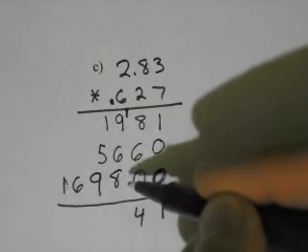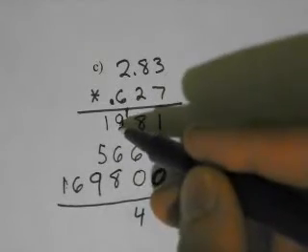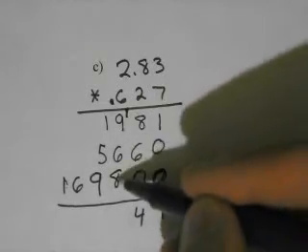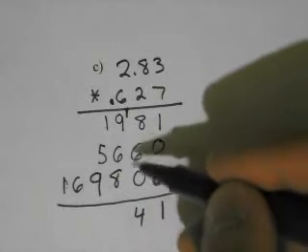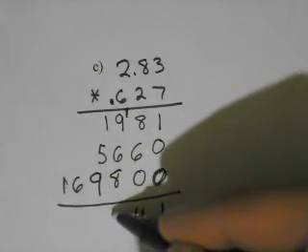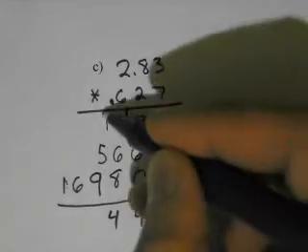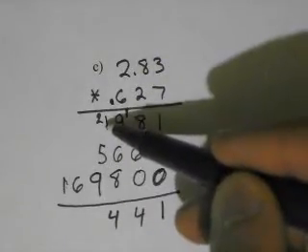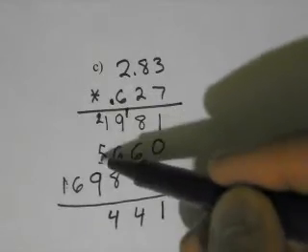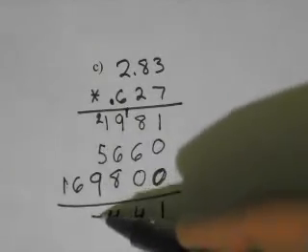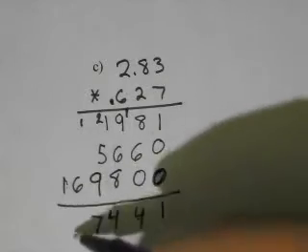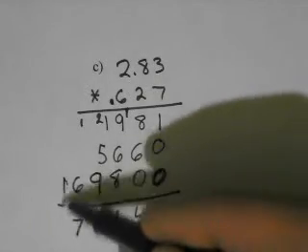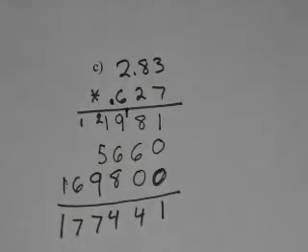Let's see, we've got 8, we've got 10 here. 10 plus 8 is 18, plus another 6 gives us 24, carry the 2. 9 plus 1 is 10, plus 5 is 15, plus 2 more is 17, carry the 1. 1 plus 6 gives us 7, and 1.